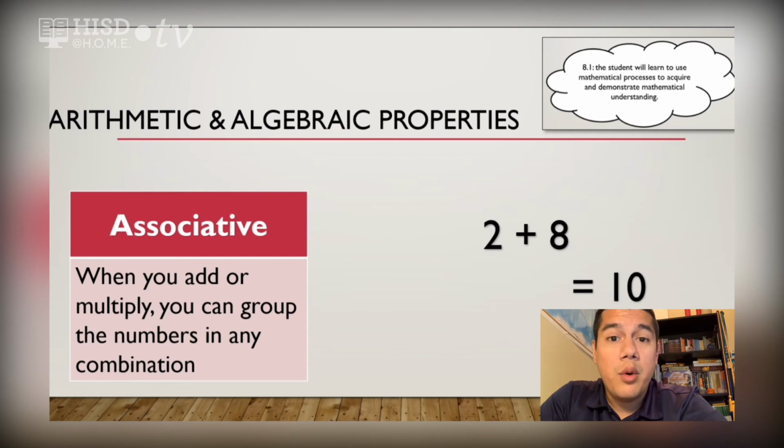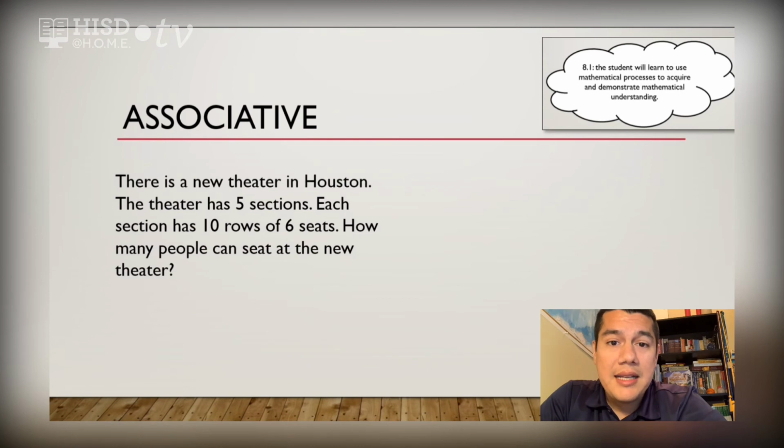Let's see if it works for a real world problem. The problem says there is a new theater in Houston, and the theater has 5 sections. Each section has 10 rows, which has 6 seats each. How many people can fit inside of this new theater?